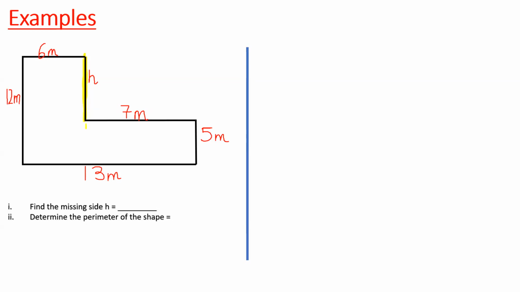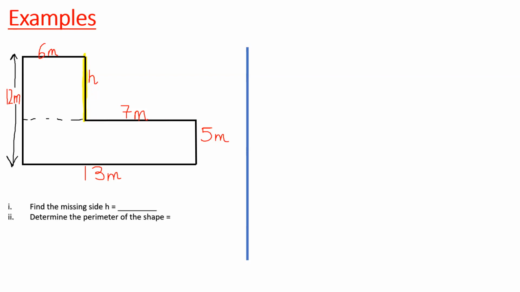Okay, so this side is H. Now, what we do know is that this whole thing from top to bottom is how much? 12. Okay, but we only want H. H is right here.